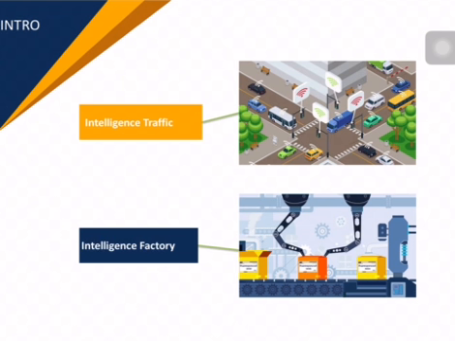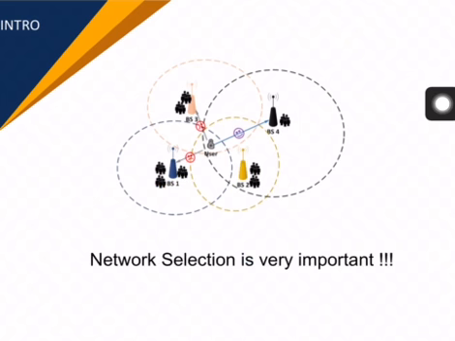To illustrate the importance of the network selection, we consider a typical mobile edge computing scenario with 4 base stations. In general, users tend to access the base station which is closest to them, like 1 and 3.